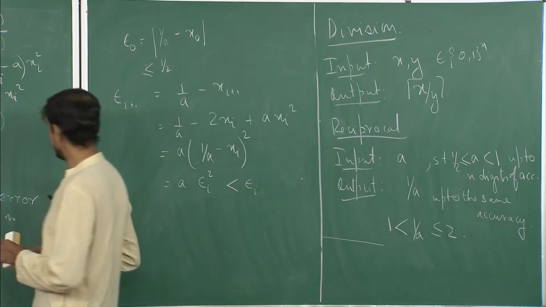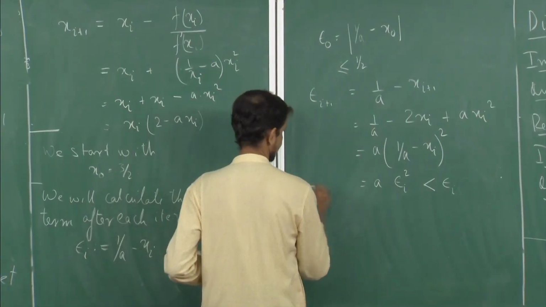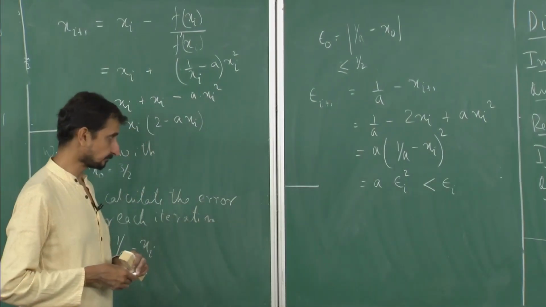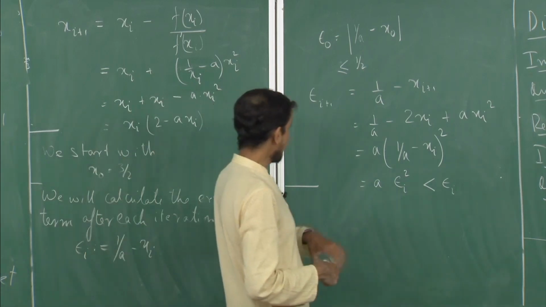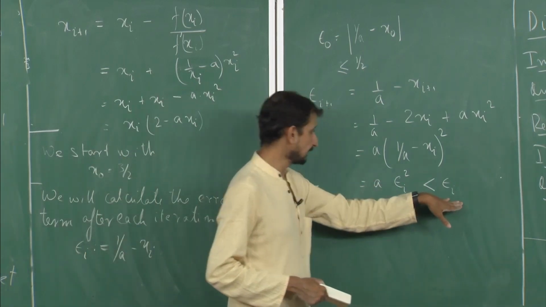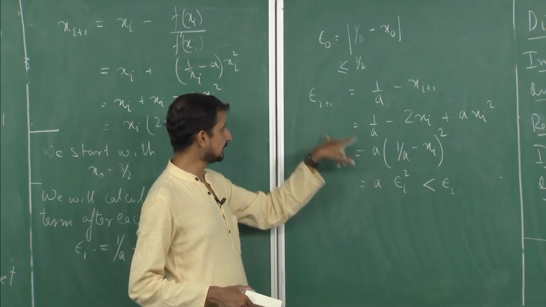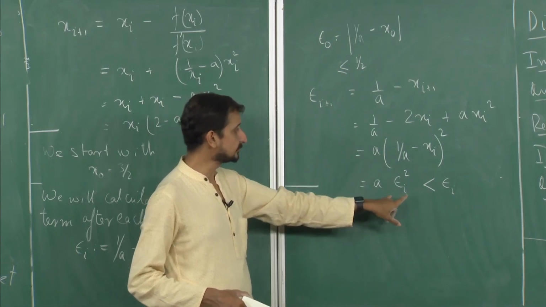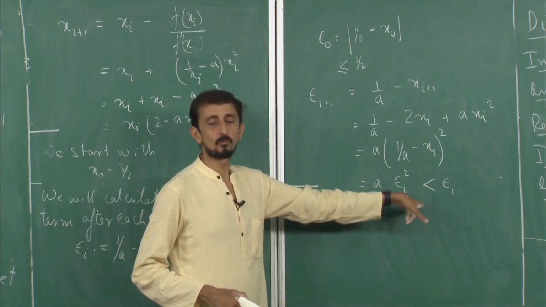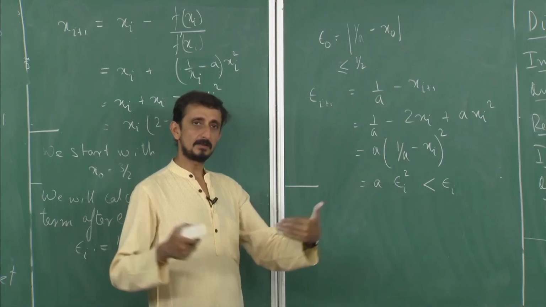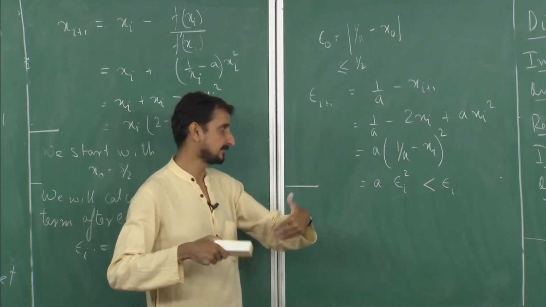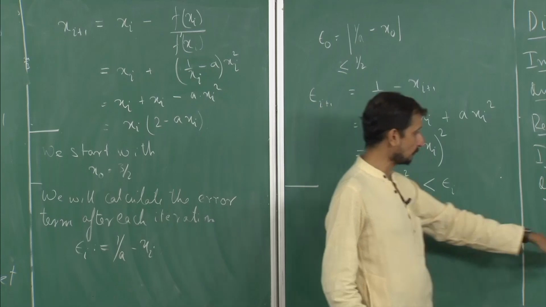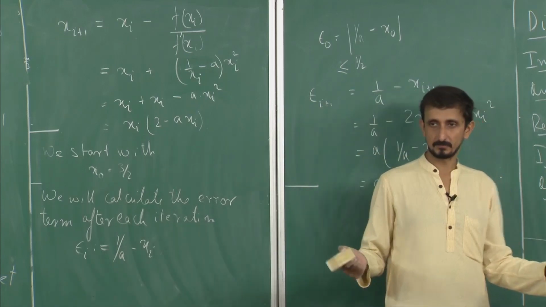And not just that it is less than epsilon i, essentially the error actually reduces quadratically. So at each level the number of precision digits in 1 over a actually doubles.